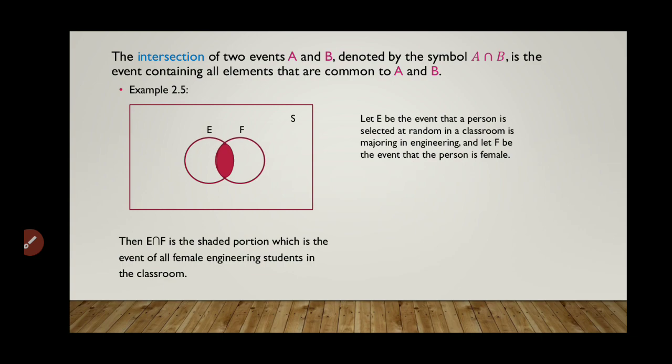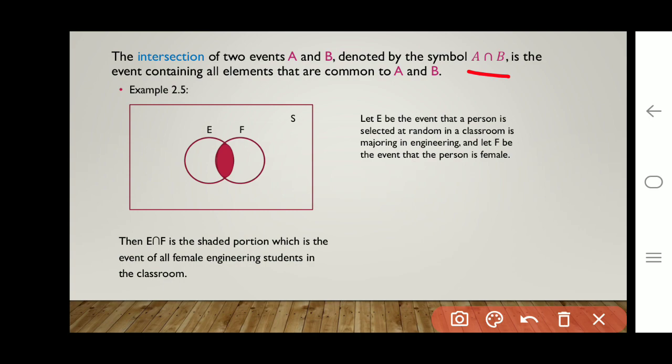Dito sa example natin, we have event E. Itong dalawang bilog na to, nire-represent niya yung kada event. So, yung sa first circle, we have E and then F, event F.